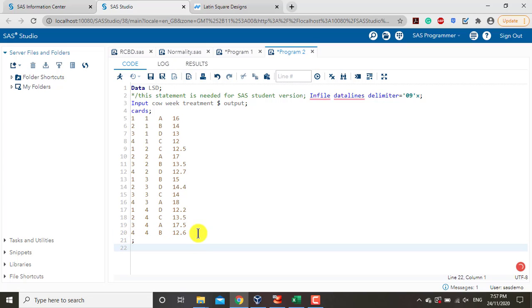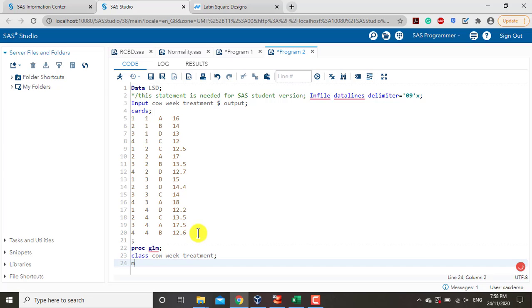And then we are using the PROC GLM procedure, so let's write proc glm. You can do PROC MIXED and PROC GLIMMIX as well. In a future video maybe I'll show you how to use the proc mixed and proc glimmix procedures. And then our class is cow, week, treatment, and again a semicolon.